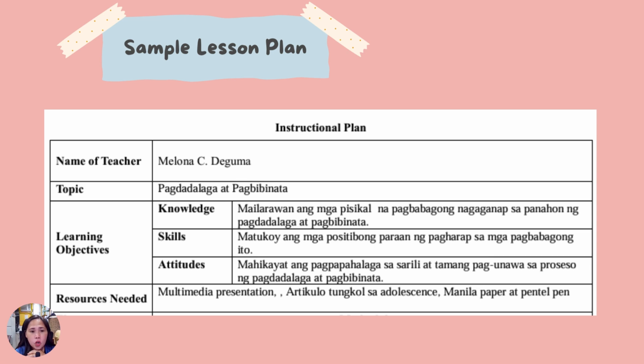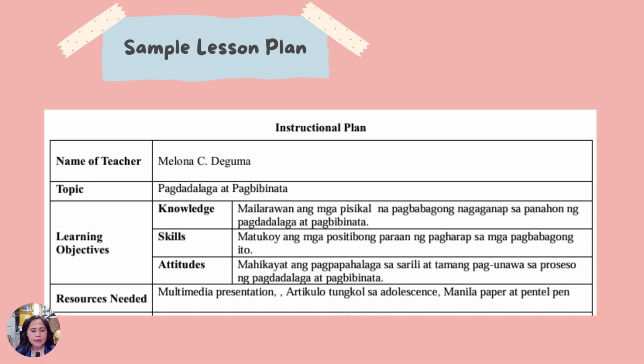Maipapakita is show or demonstrate. That is something behavioral. When we say behavioral, actions, because skill should be actions. It could be showing, presenting, solving, designing, creating. So take note, matutukoy is identify, that is not a skill.